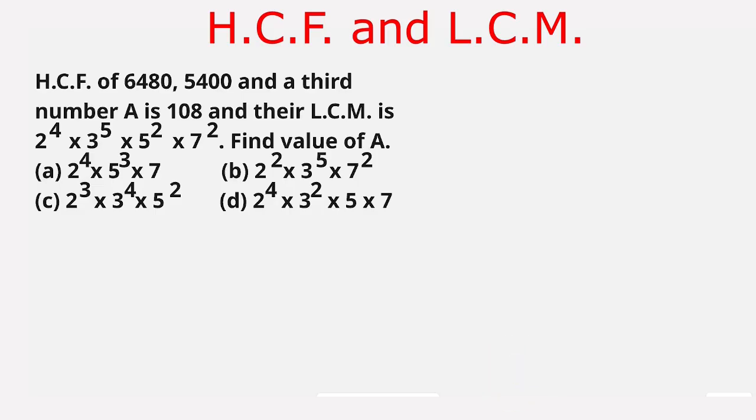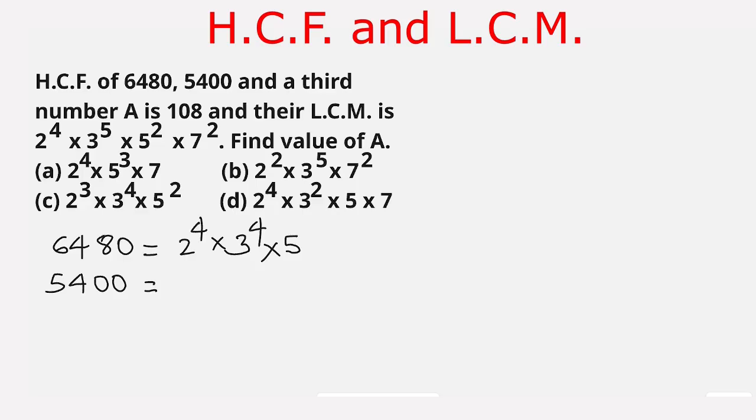We will first prime factorize the given two numbers 6480 and 5400. 6480 is equal to 2 to the power 4 multiplied by 3 to the power 4 multiplied by 5, and 5400 is equal to 2 to the power 3 multiplied by 3 to the power 3 multiplied by 5 to the power 2.